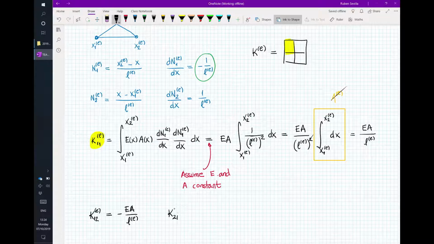2, 1? Minus. Actually, what you should realize is that this matrix must be symmetric. It must be, by its definition here. If you change i and j, what you're doing is swapping these two terms.